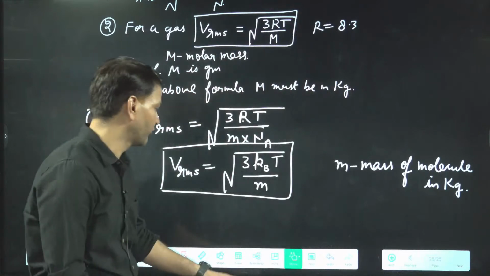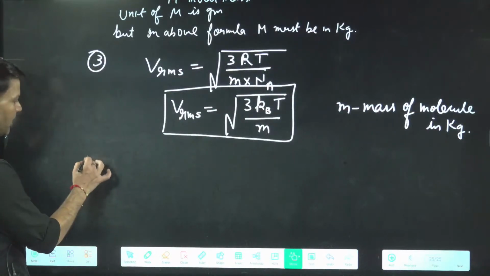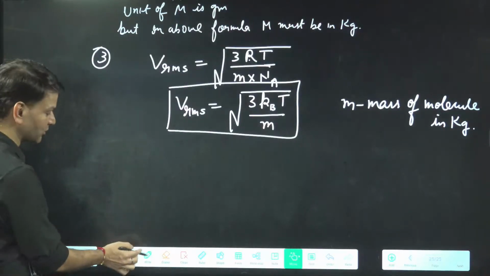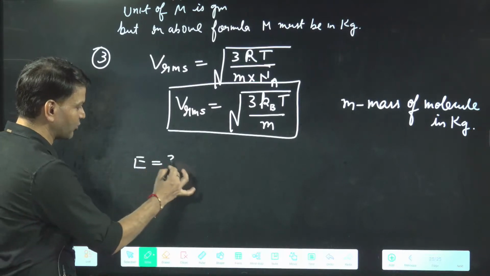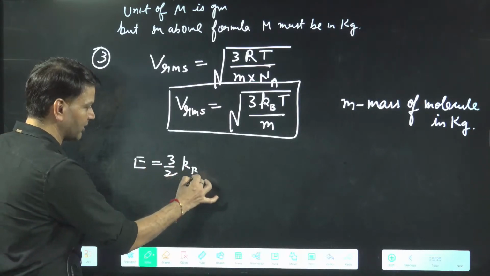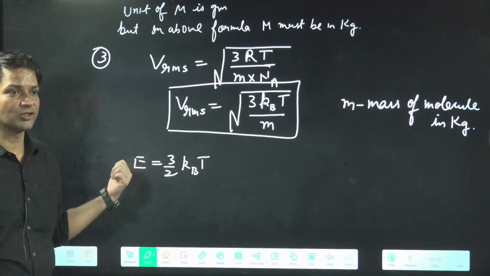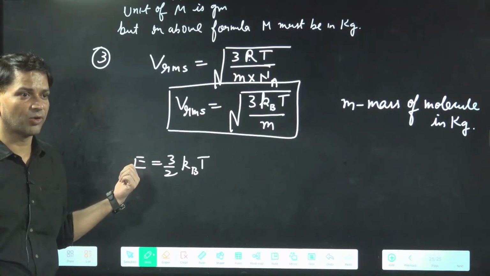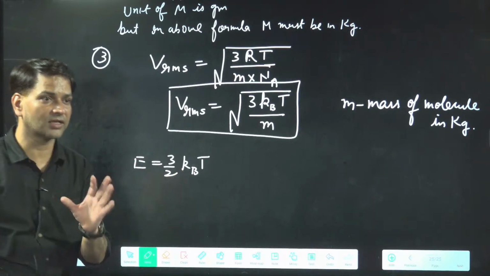Just now you have learned one formula, E is equal to 3 by 2 kB into T. You will have to use the simplest formula to find the dimension. The average kinetic energy of the gas molecule is 3 by 2 kB into T. This is the easiest formula to get the dimension.